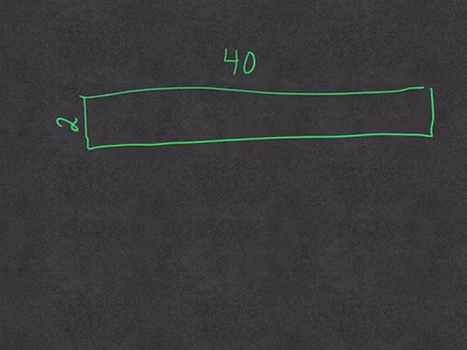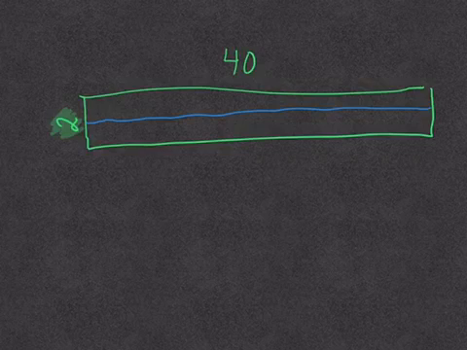So I drew this area model. It's a 40 by 2, or 2 by 40. And if I wanted you to go ahead and figure this out, we could actually put this in many different array models, and I'll show you. If I know that this is 2, I could actually go ahead and split this right down the middle.